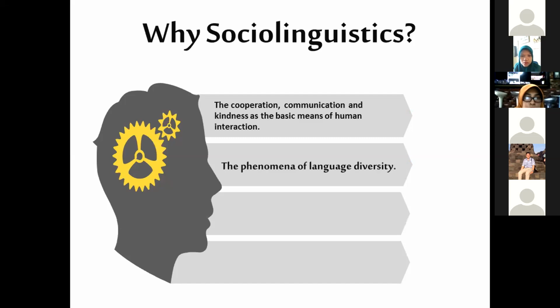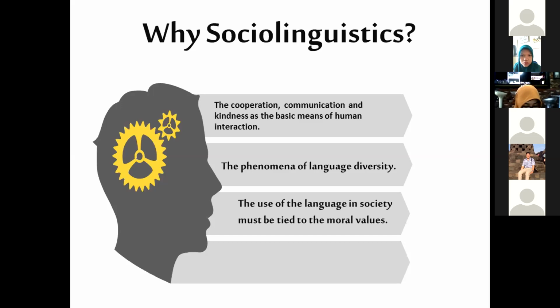The second one is sociolinguistics concerns the phenomena of language diversity. So when students learn about language diversity, they must also learn that in the diversity of language, there are some universal moral values that people can recognize and accept.